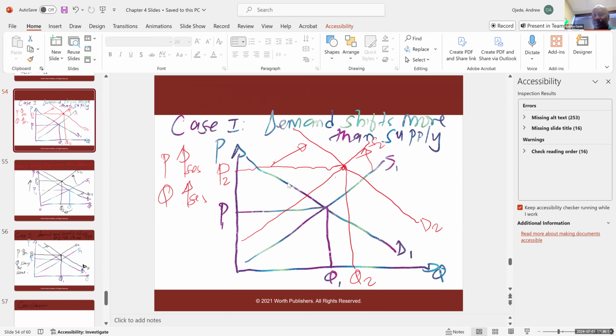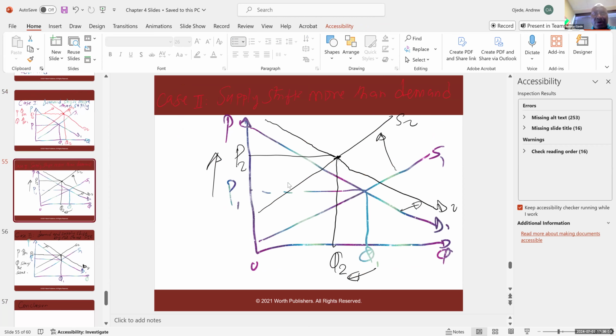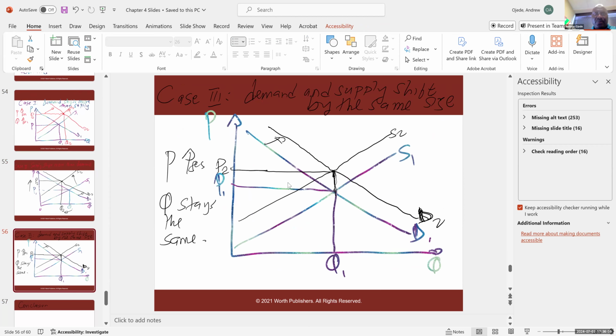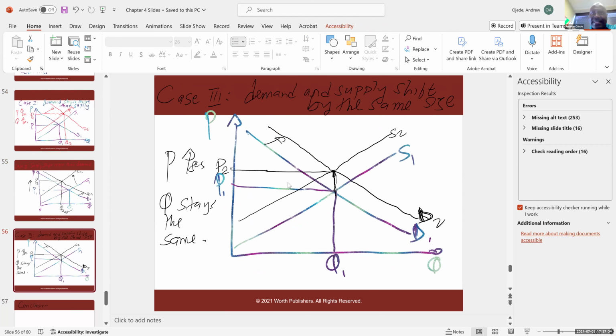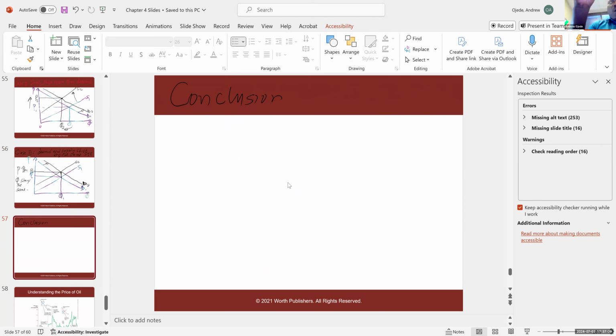In all three cases, price increases. But the change in equilibrium quantity is ambiguous. Equilibrium quantity increases in case 1, decreases in case 2, and stays the same in case 3. So we can say that under all three cases, equilibrium price will increase. The equilibrium price for natural gas increases, for sure.